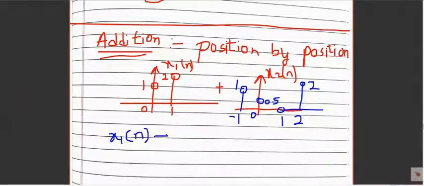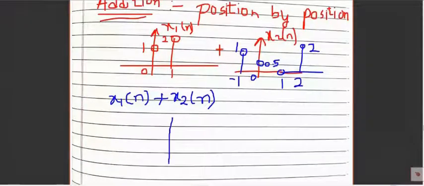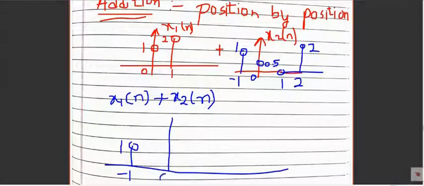Addition, subtraction, multiplication is done position by position. At -1, x1n has amplitude 0, x2n has amplitude 1, so 0 plus 1, 1. So in the final answer at -1 position, addition will be 1. At 0 position x1n has amplitude 1, x2n has amplitude 0.5, so 1 plus 0.5 that means 1.5.